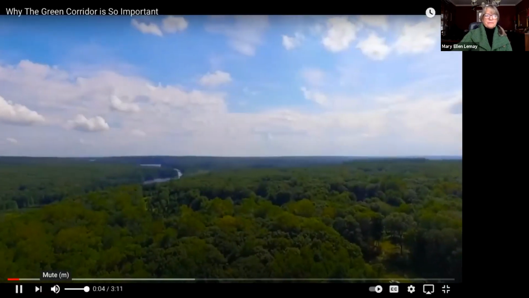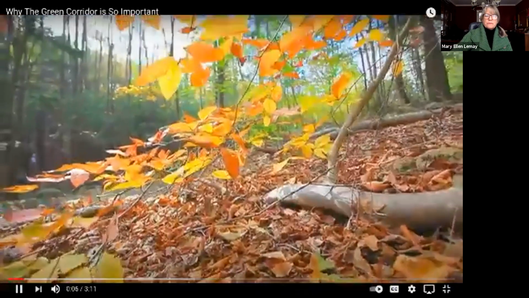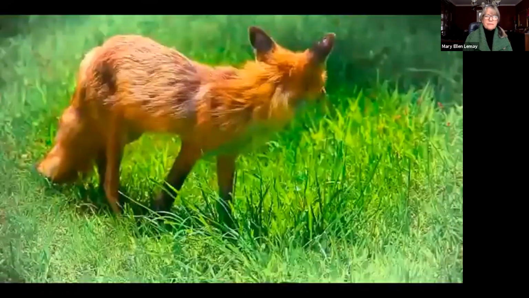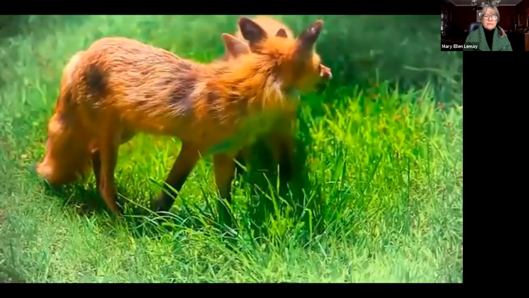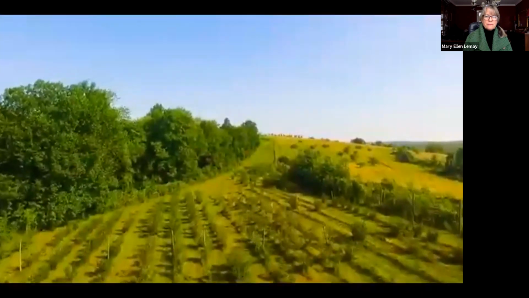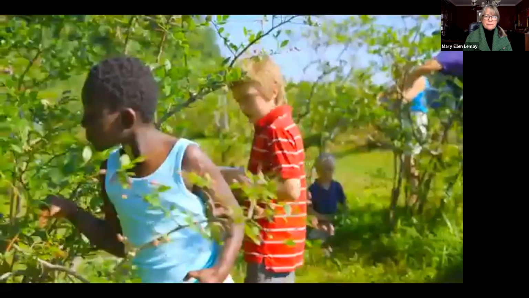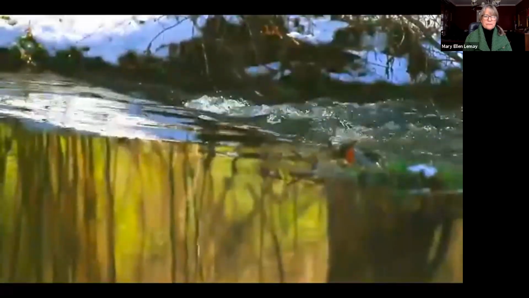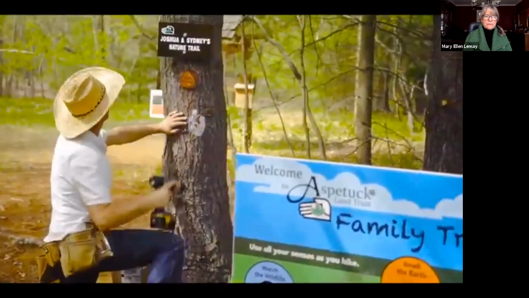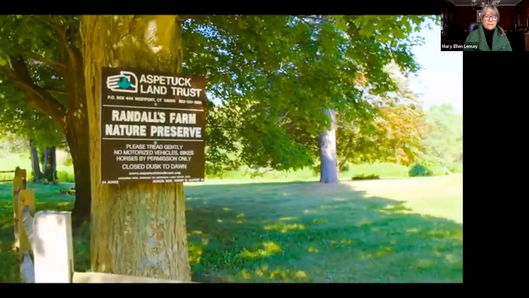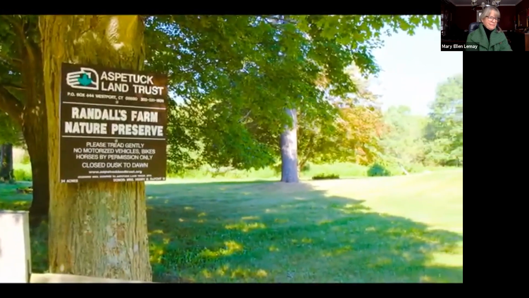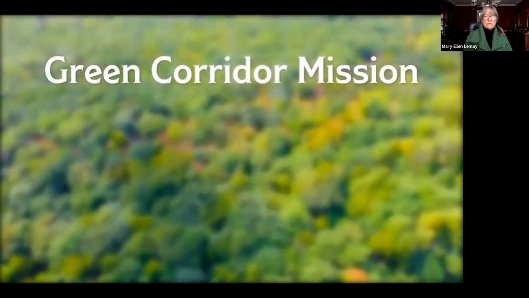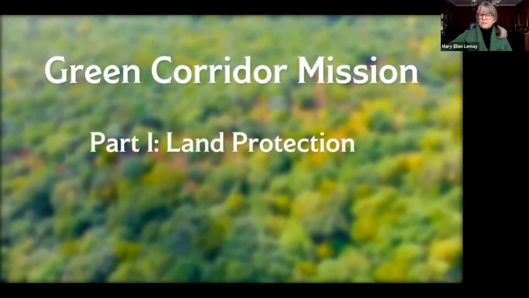Imagine a Fairfield County where the beauty of our land is preserved, where birds and insects flourish and natural species thrive, where people have more preserved lands to enjoy, drinking water is pure, and flooding is diminished. Here at Aspetuck Land Trust, we are making this happen and encouraging others to support our Green Corridor mission. Part 1 of the Green Corridor is protecting land.